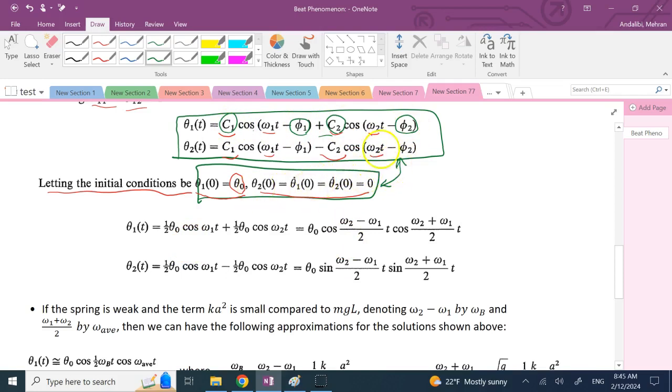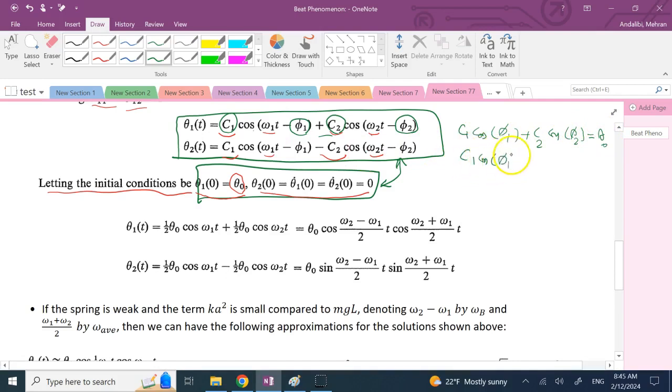If you plug in 0 in theta 1, you get C1 cosine of phi 1 or negative phi 1, which is the same, plus C2 times cosine of phi 2, equal to theta naught. And in this bottom one, you get C1 cosine of phi 1 minus C2 cosine of phi 2. That is theta 2 at 0, which is 0.